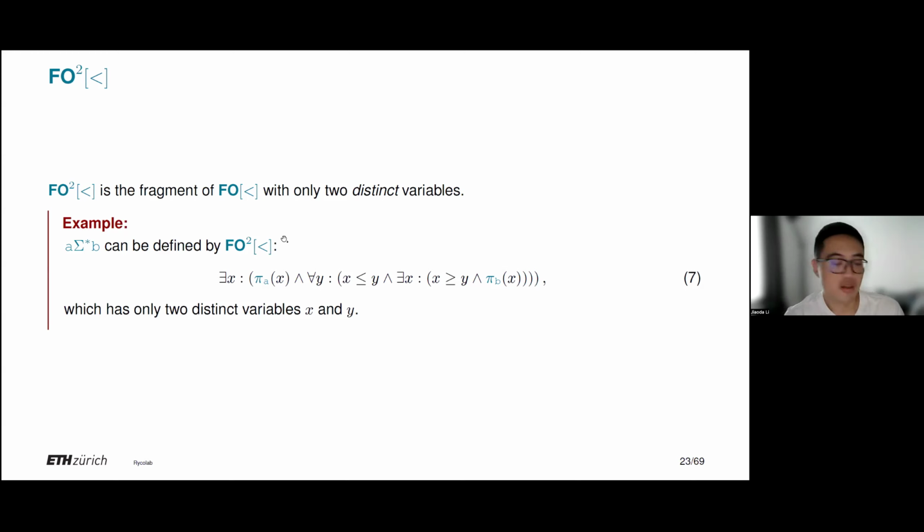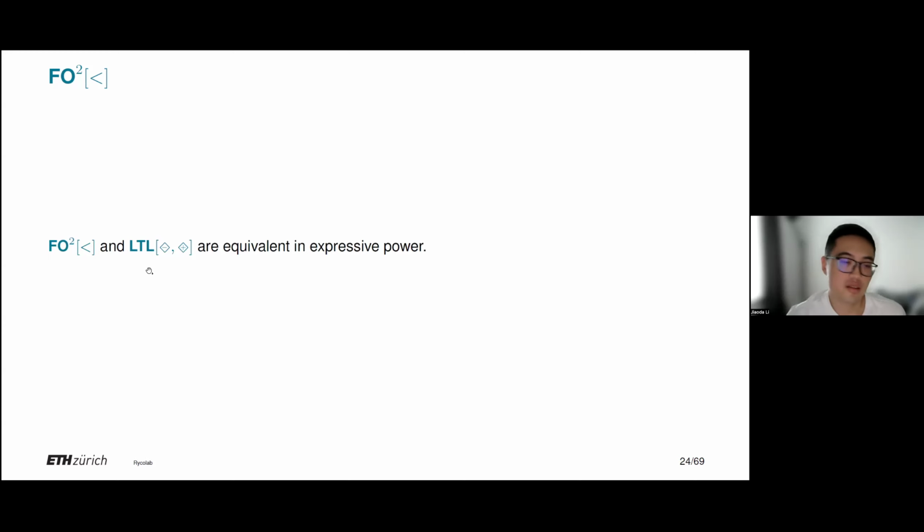For example, in the previous language, A alphabet star B, we used 3 variables x, y, z to define the language. But here we can reuse the variable x such that there are only 2 distinct variables, x and y. So this language is also definable by FO2. And it's shown that FO2 and LTL, this unary temporal logic with only past and future operators, are equivalent in expressive power.